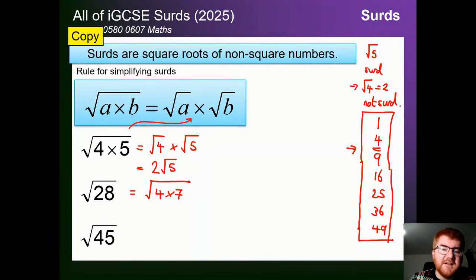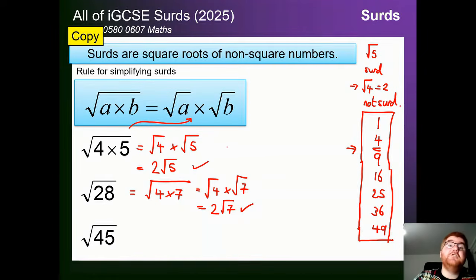As soon as I've got this, I can now split this in the same way I did before. So I have the square root of 4 times the square root of 7, and now I can simplify in exactly the same way. The square root of 4 is equal to 2, root 7 we leave alone. So this is the first key skill you need to do, be able to simplify your surds.